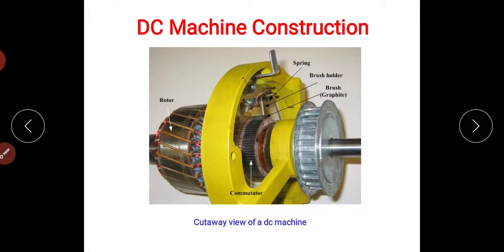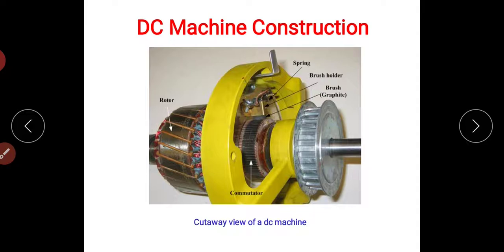This induced EMF is AC, so by using the commutator we can convert this AC voltage into DC voltage. This converted DC supply is collected from the commutator by the brushes, and it supplies the external load.